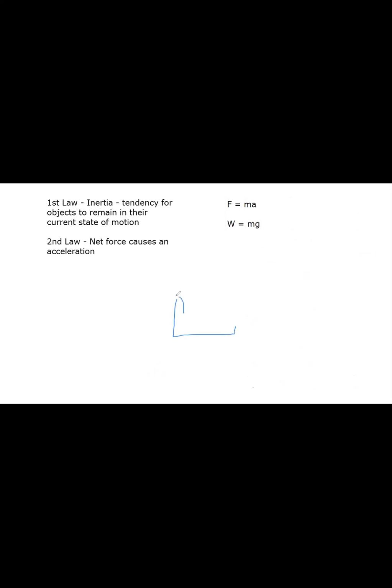So if we have an object, and let's say its mass is 10 kilograms, the weight vector is always down, and that equals m times g. So 10 times 9.8 is 98 newtons. So this is how we solve for weight. Weight is always negative. It's always going to be downward. So that's one thing that we want to always remember.